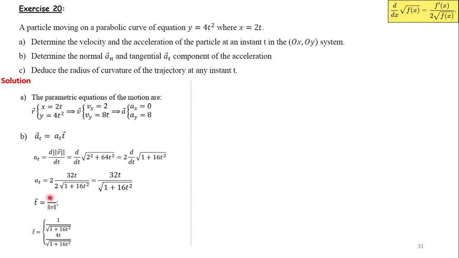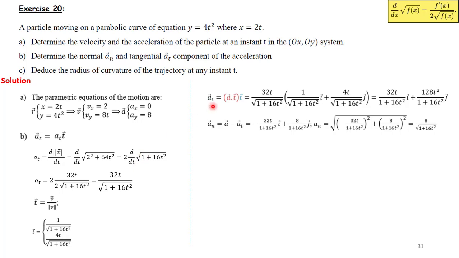So it's vector v over the magnitude of v. We have vector v, it's 2i plus 8tj, and we have the magnitude of the velocity vector. We have already calculated it, so it's this term, radical of 1 plus 16t squared times 2. And finally we can get the coordinates of the tangential unit vector expressed on the Cartesian coordinate system.